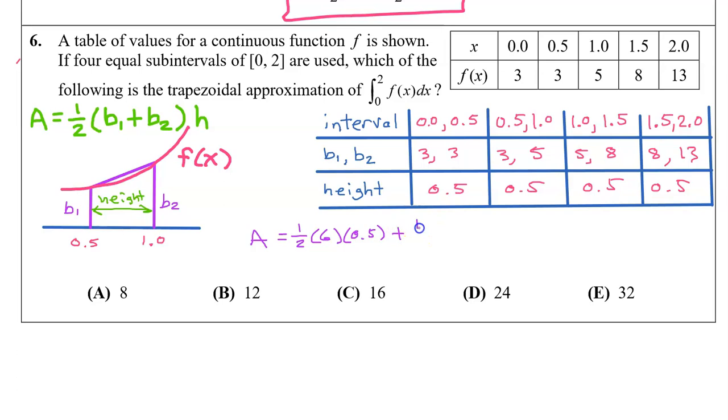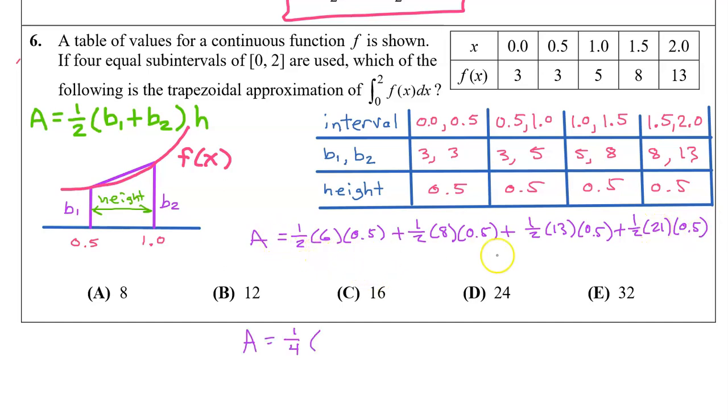And then for the second trapezoid, 1/2 base 1 plus base 2 is 8, height is 0.5. Third trapezoid, 1/2 base 1 plus base 2 is 13, times a height of 0.5. And the fourth trapezoid, 1/2 base 1 plus base 2, so that's 21, times the height of 0.5.